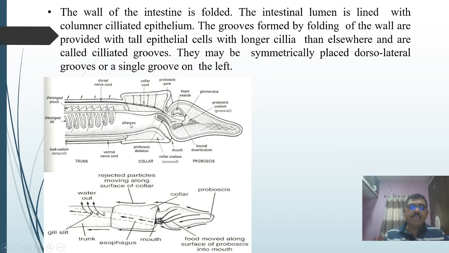The mucus loaded with food gets heavier and is pushed toward the digestive system, and whatever extra water there is is released outside through the pharyngeal opening, the gill slits.